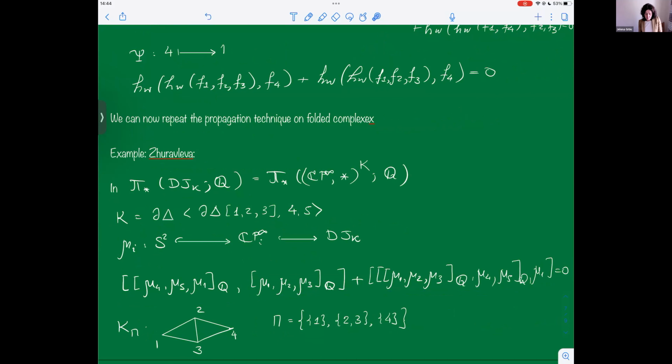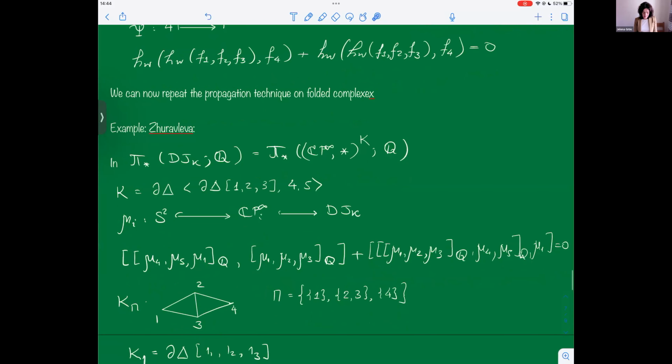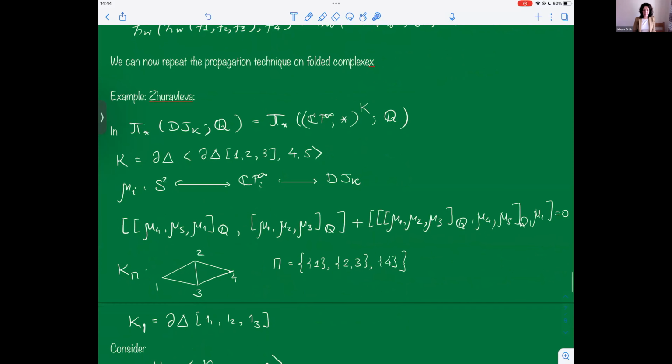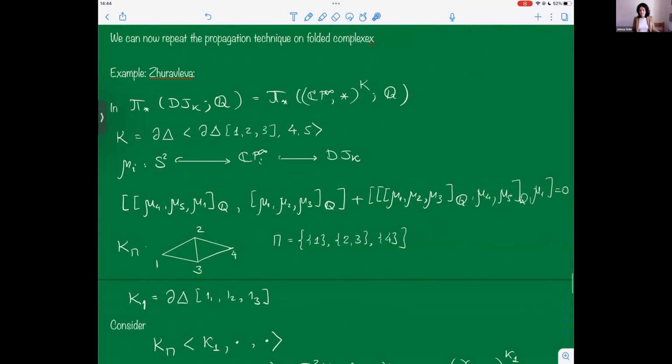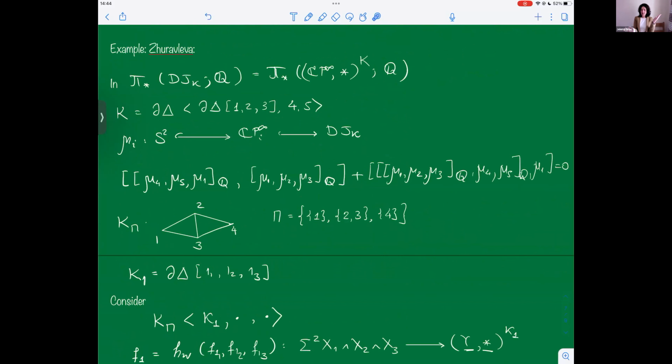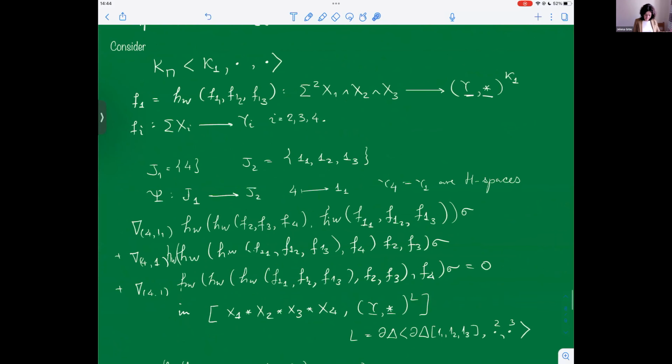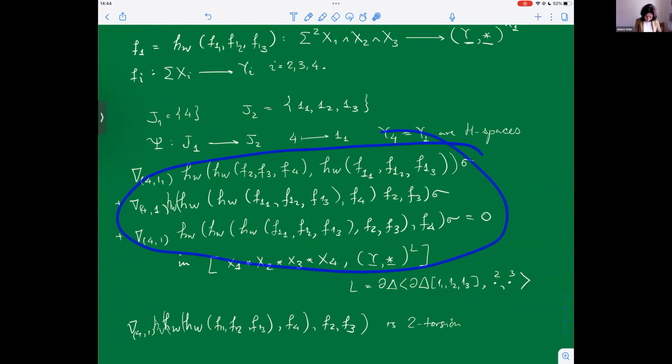And what is important to notice here is that mu1 repeats within one bracket, and so we can recover this identity integrally, actually, by simply looking at the identity complex, one of the examples I gave before, and folding, namely identifying vertex 1 and vertex 4, so that we obtain a new relation that is integral.